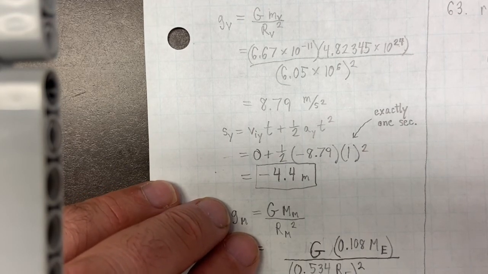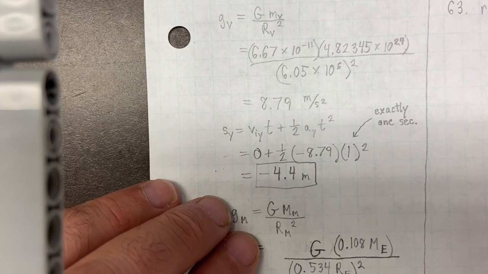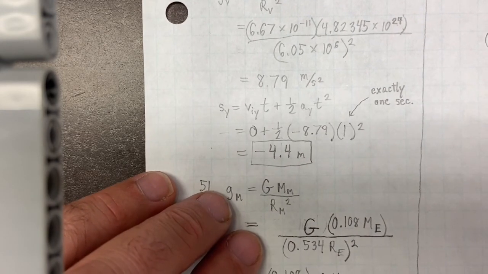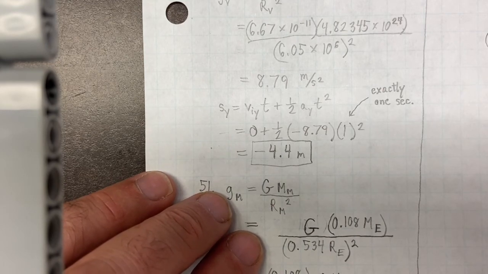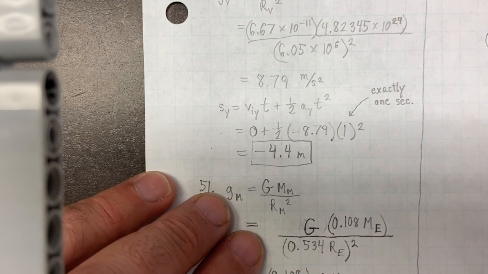And now the original question is, how far would an apple fall in 1 second at its surface? Now, obviously, common sense would tell us that if something's on the surface of a planet, it doesn't fall, right? But they don't mean actually sitting on the surface. They mean anywhere within a few miles of the surface.